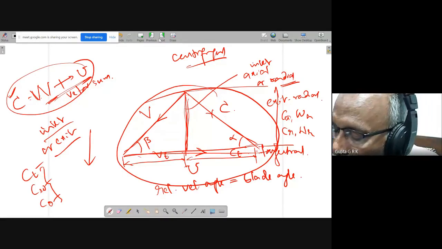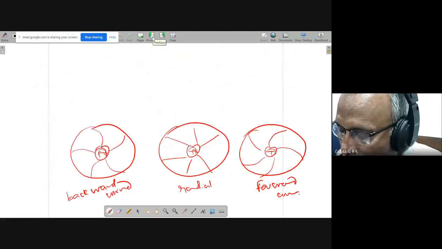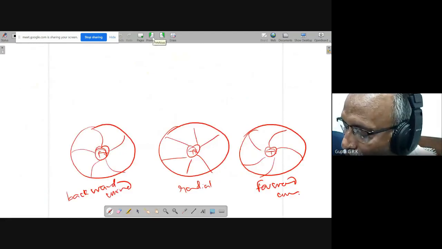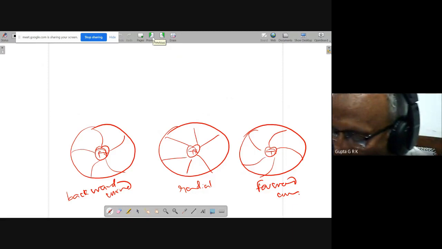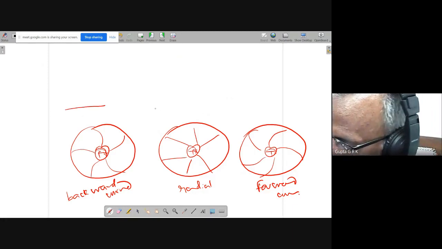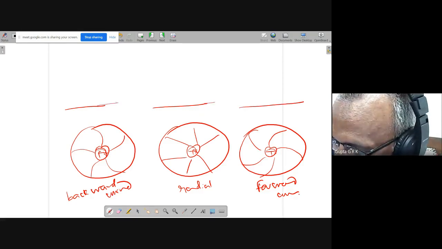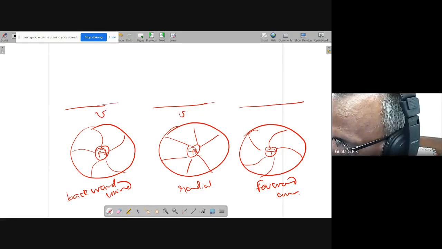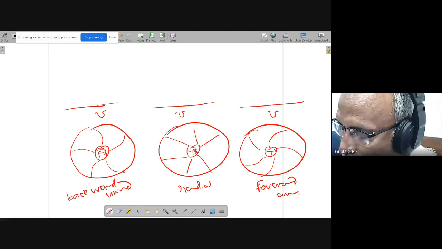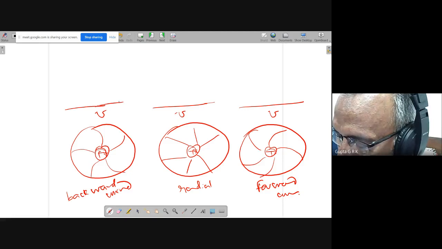In the previous slide, I think, I will go. Yeah. Now if I go to backward curved vane, radial vane, and forward vane, as I told, everywhere the base is horizontal. This is U. So what is the direction? This is moving clockwise. Clockwise means to the right side.